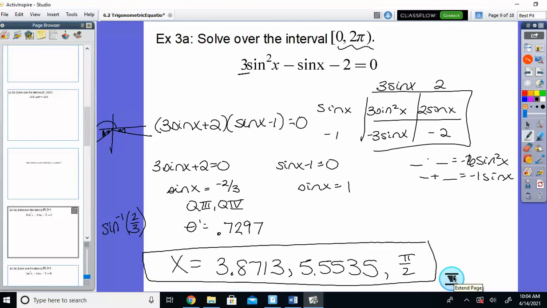If you guys were ever in doubt, you can certainly check yourself. You just have to plug these into the original. Our calculator should already be in radian mode. So you would put in like 3 parentheses sine parentheses 3.8713, close 2 of them.